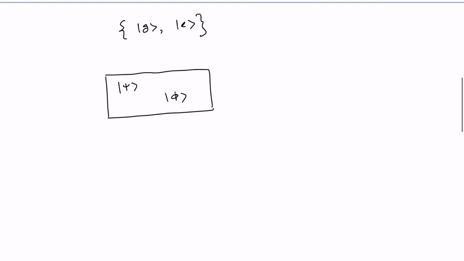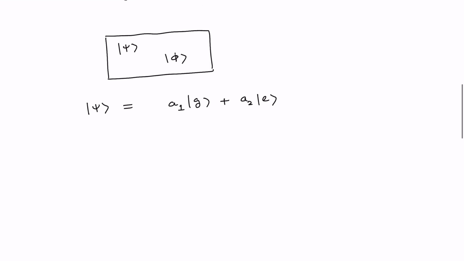These are arbitrary states, and because they are arbitrary, I can write ket psi as a superposition of ket g and ket e. Ket g and ket e are the so-called ground state and the excited state of the system respectively, and the corresponding amplitudes are say a1 and a2. These are the quantum probability amplitudes, and ket phi can be represented as, say, b1 ket g plus b2 ket e.